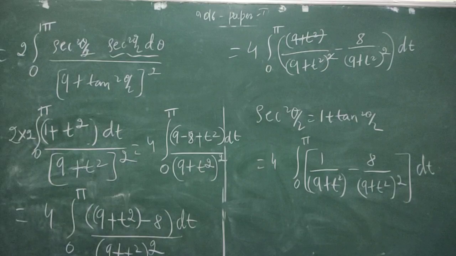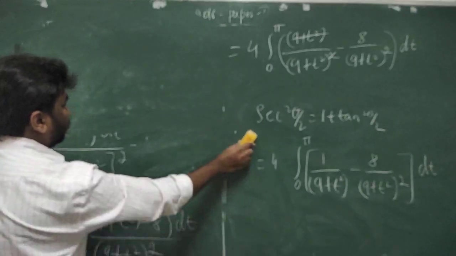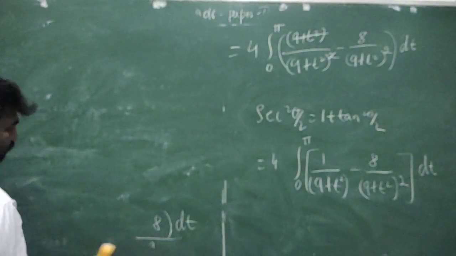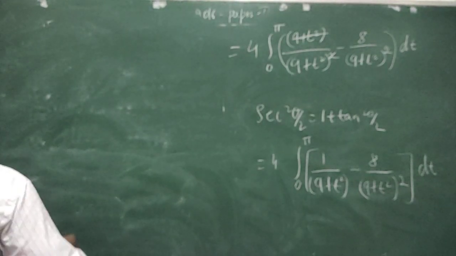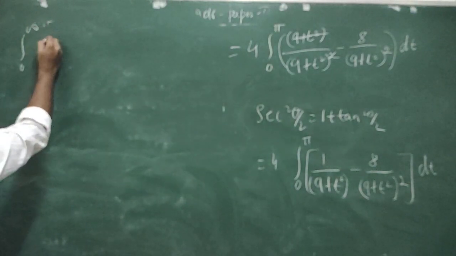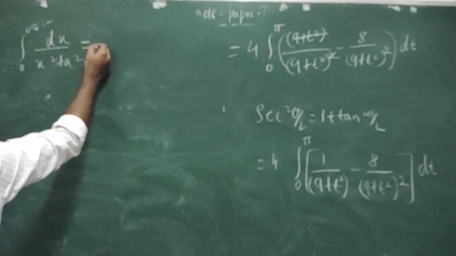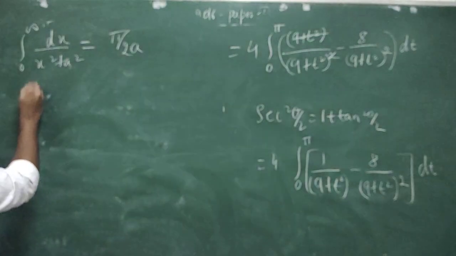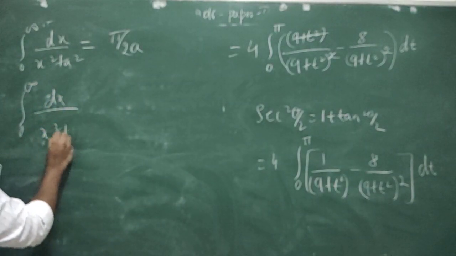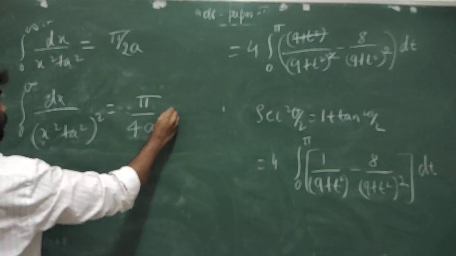So we have a formula for this. Integration 0 to infinity 1 divided by x square plus a square dx is equal to pi by 2a, and integration 0 to infinity dx by x square plus a square whole square is equal to pi by 4a cube.